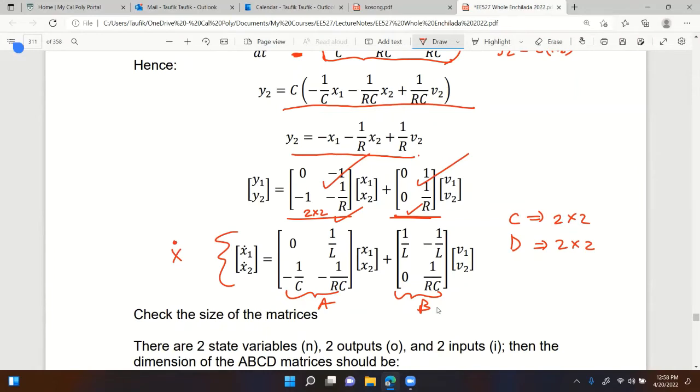Earlier, I was trying to check C and D, but I checked the wrong matrices, but it happens to be 2 by 2 for both. Okay. So I should check this equation against these sizes. Any other questions?